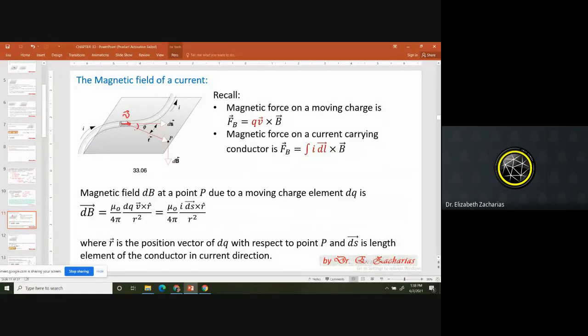So the angle between the velocity vector and the r vector is phi. Instead of qv cross r, we are going to write I ds cross r. Again, I repeat, it is coming from here. The direction is given by the right hand rule, so it is V cross R direction, and you see that dB is down, perpendicular to the plane that is given to you there.